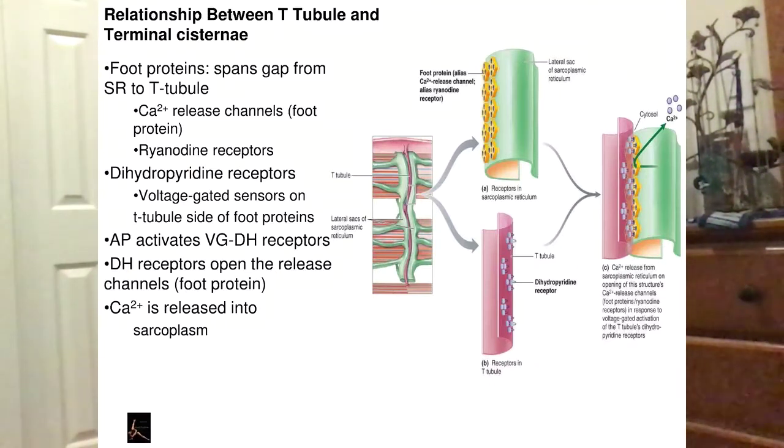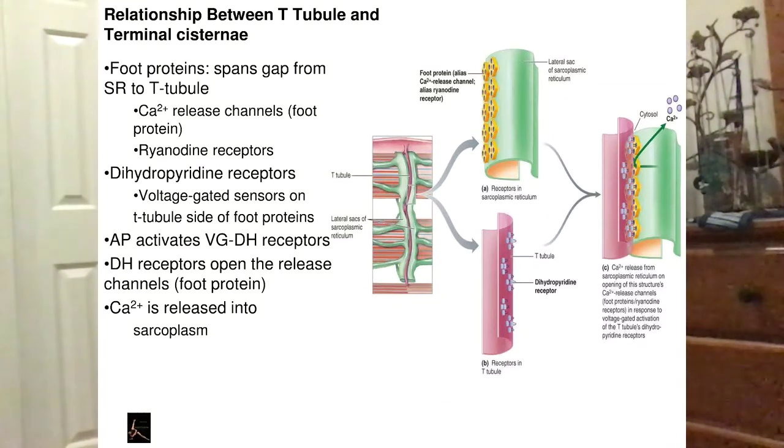Okay, but what stimulates those calcium release channels or foot proteins to open are the DH receptors, the voltage-gated DH receptors. DH stands for dihydropyridine receptors. You can just remember DH. But you also must remember it's voltage-gated. Those are located on the T-tubules. So that makes sense.